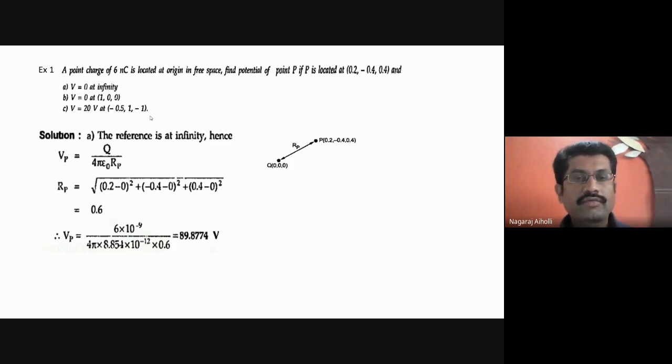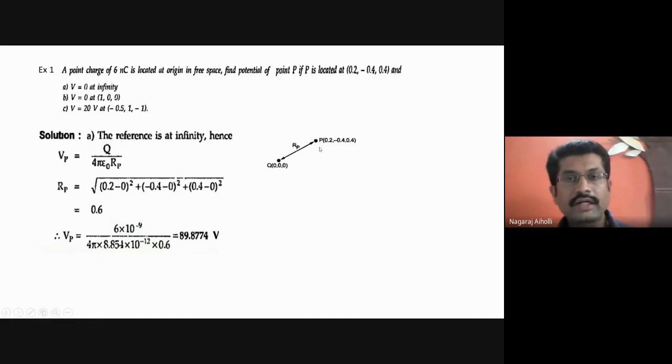Read the question. A point charge of 6 nanocoulomb is located at origin. That means there is a point charge of 6 nanocoulomb, which is located at 0, 0, 0, that is, at the origin in free space. Find the potential of point P if P is located at 0.2, minus 0.4, 0.4.